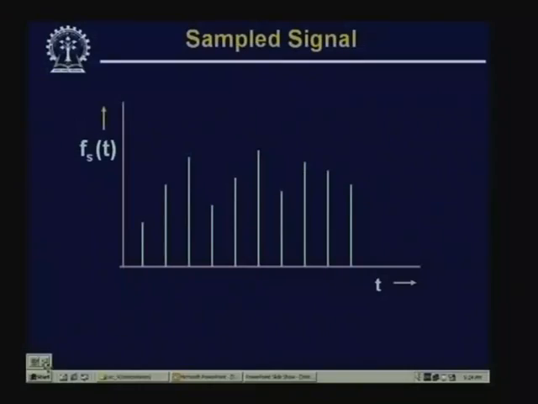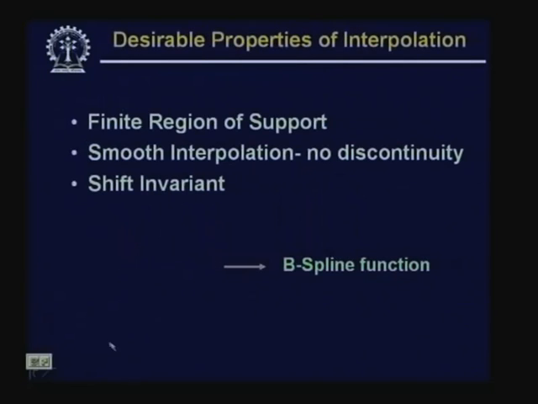Now, whenever we interpolate an image, the interpolation operation should have certain desirable properties. Firstly, the interpolation function that you use for interpolating the discrete values should have a finite region of support. That means interpolation should be done based on local information, not on global information, and should not take into consideration all the sample values of the digitized signal.